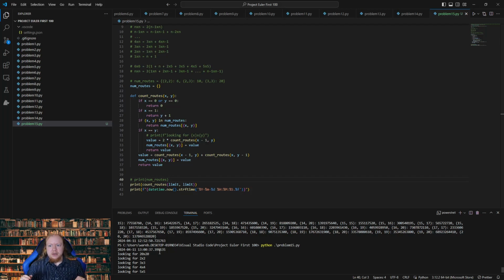20 or possibly 400 equations, because we come in x equals to y, so we're looking for the 20 by 20.